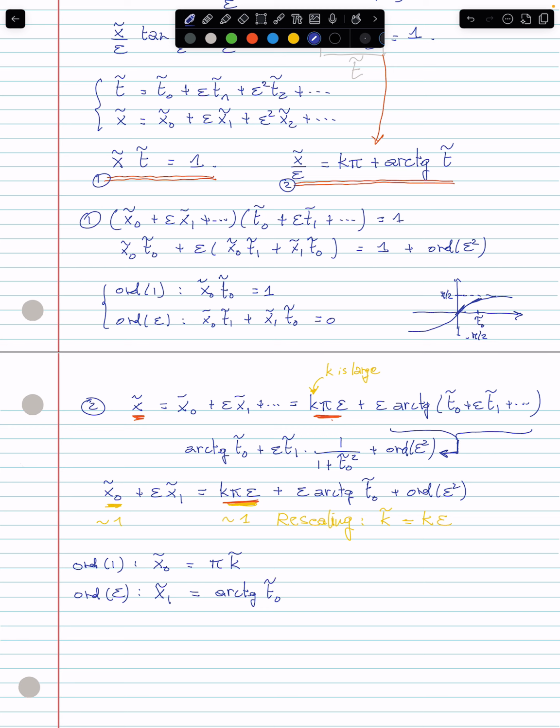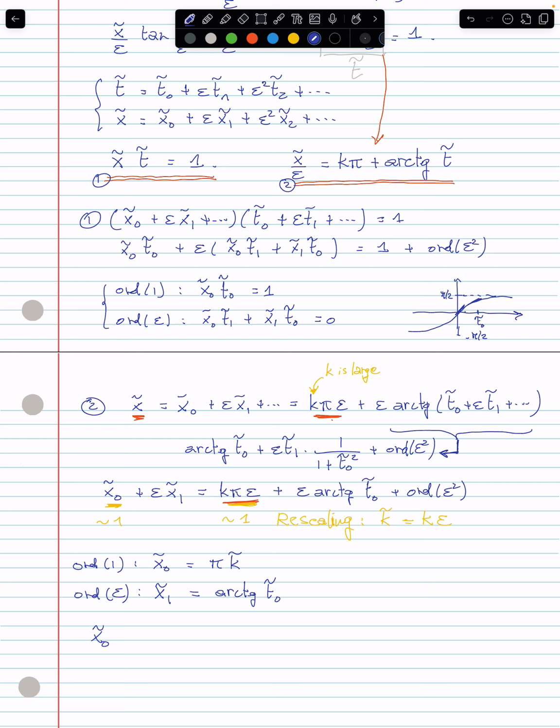And so you see that what we have now is quite expected. We have one equation here involving x0 and t0. We have a second equation here that could have possibly involved x0 and t0, but that's even much simpler, right? Because this one is already solved.